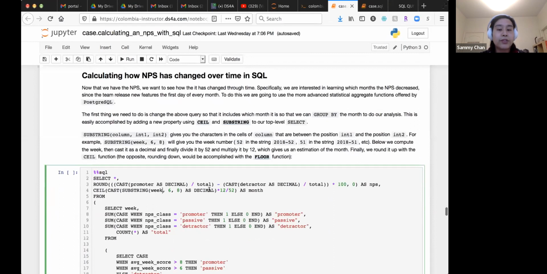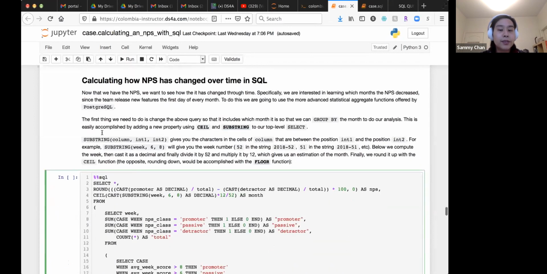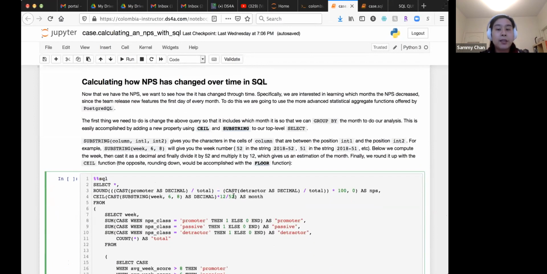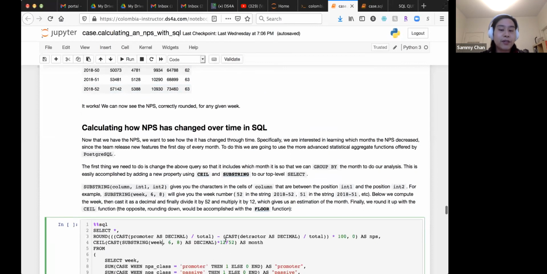So we now would have changed the number of weeks from string to decimal, and then multiply it by 12 divided by 52. So what it does here is basically track which week of that year it is, divided by 52 and then multiplied by 12 to get the month.